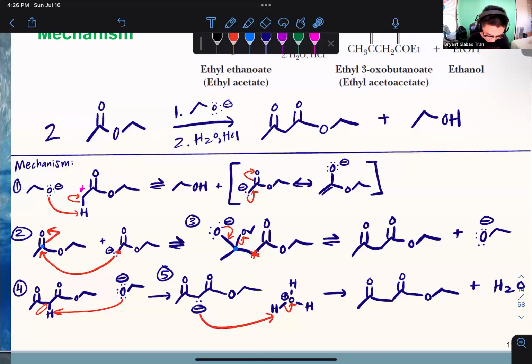So it will come back and take its vengeance and attack the alpha hydrogen immediately, before you can add the second step of acid. And then after the alpha hydrogen gets deprotonated really quickly, and then you add the acid, that deprotonated alpha carbon gets protonated and becomes neutral.